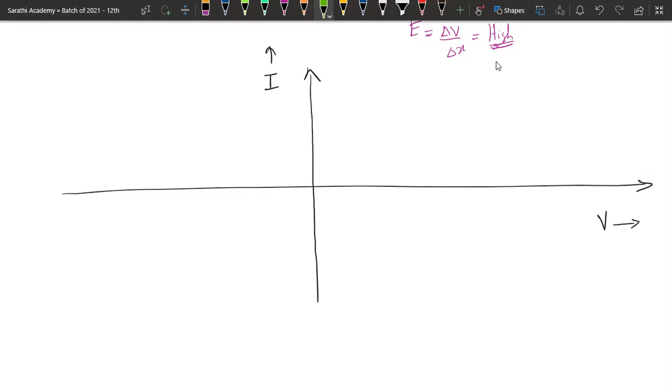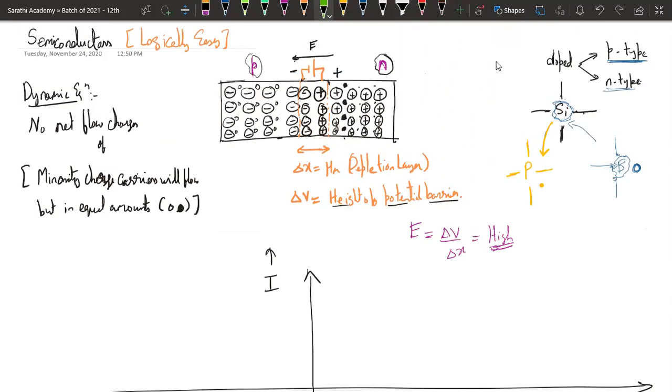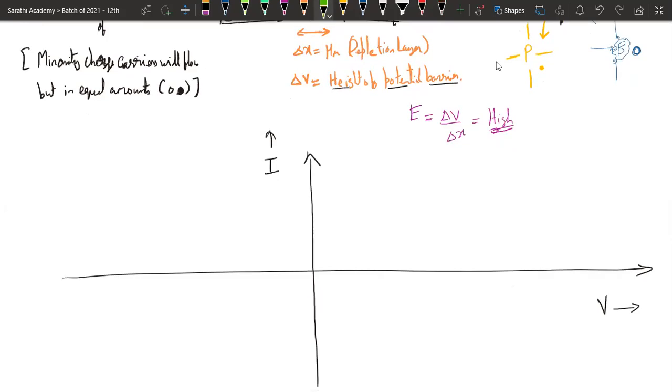Now if you increase this voltage, it is observed that current also increases a little bit. And after a particular value, it jumps. ऐसा होता है. ठीक है.